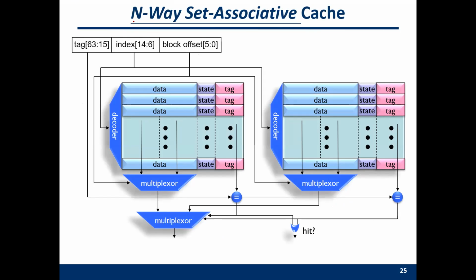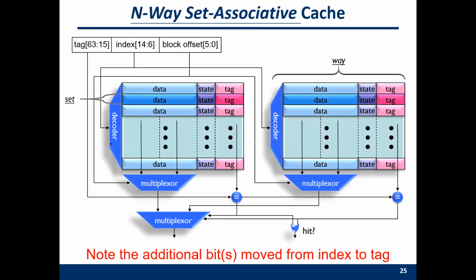Then we have the n-way set associativity. We have index, block offset, and tag. We also have 2 ways here. This is the first way, and this is the second way. And we have sets here.